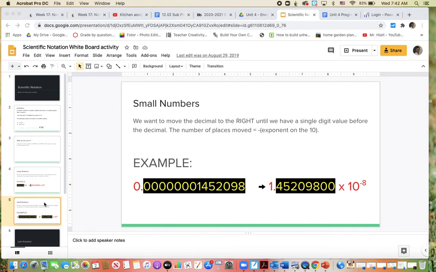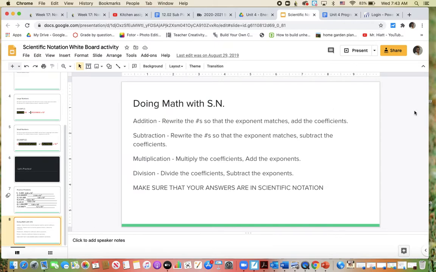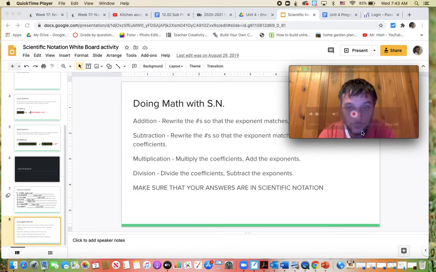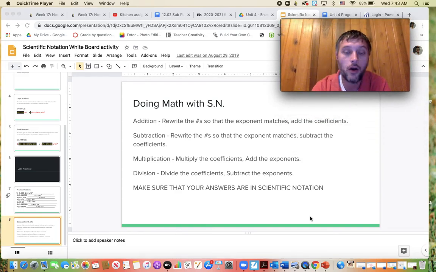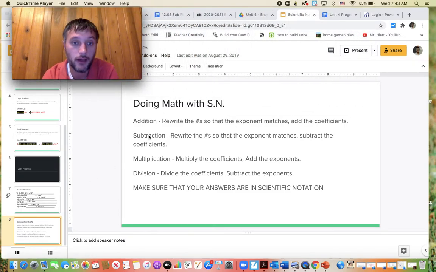So that's the basis of how you will use scientific notation, getting numbers into and out of scientific notation. We also need to be able to do math using scientific notation. So if we are adding 2 numbers, honestly, if I'm you, I'm screenshotting this screen, specifically this part, maybe not me.